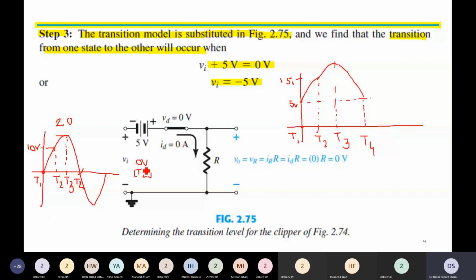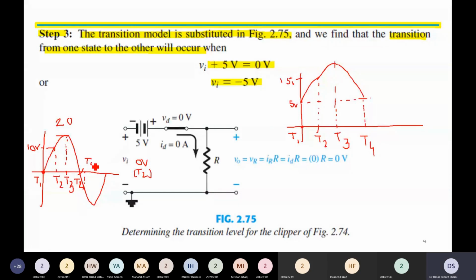Okay. So after time t4, let us take another time which enters into the negative part of the input voltage. And let us take this as time t5.